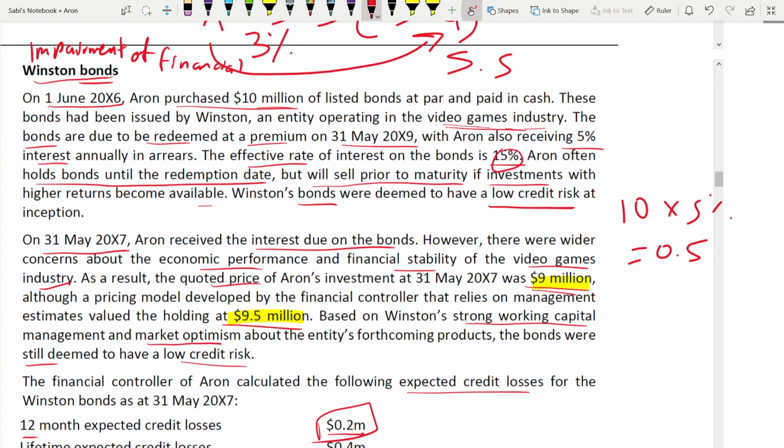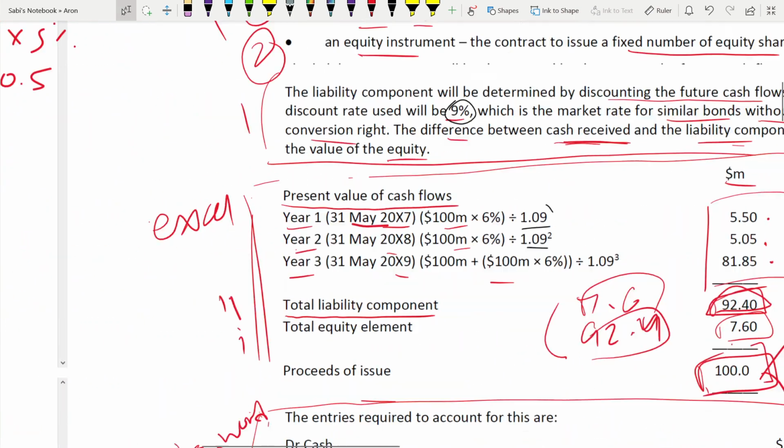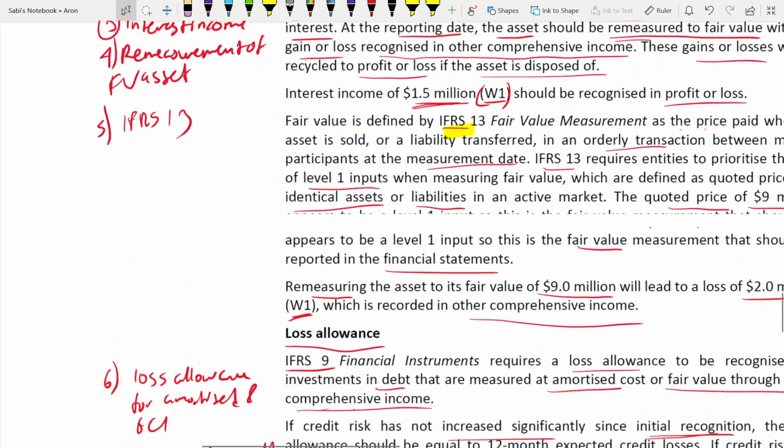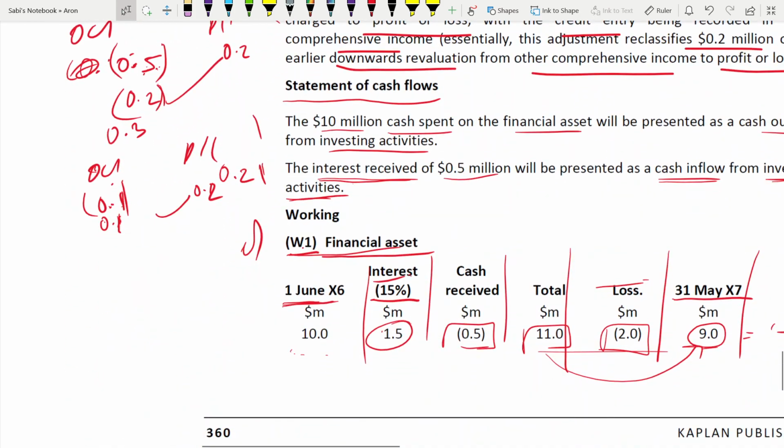Okay. The amount that you have to pay. Cash received.